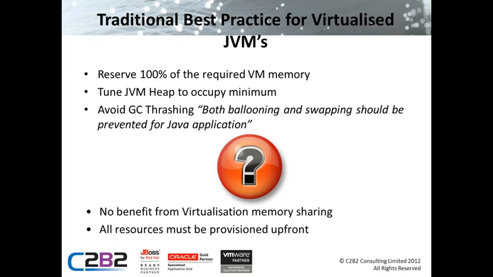So the best practice is to try to have many small vSphere guests with 100% reservations for memory, and tune the JVM heap to make sure that you have the right amount, but not so much that the heap needs to be swapped out by the guest operating system.